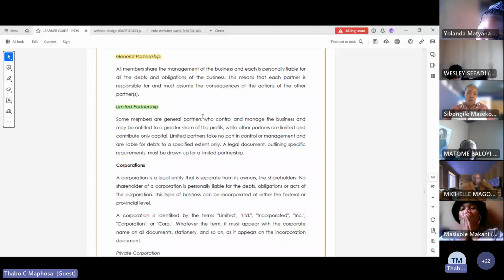If anything happens in that scenario, the limited partner, which is the investor in this case, is going to be protected because they are not taking part in the control or management of the business affairs. But you, as the partner who is running the business, are going to be the one that takes all the liability that has to do with the business.